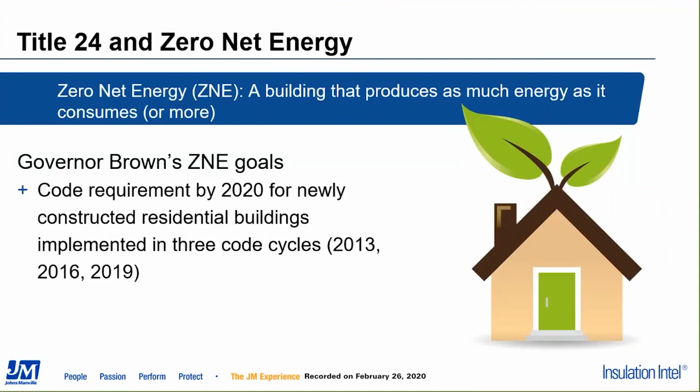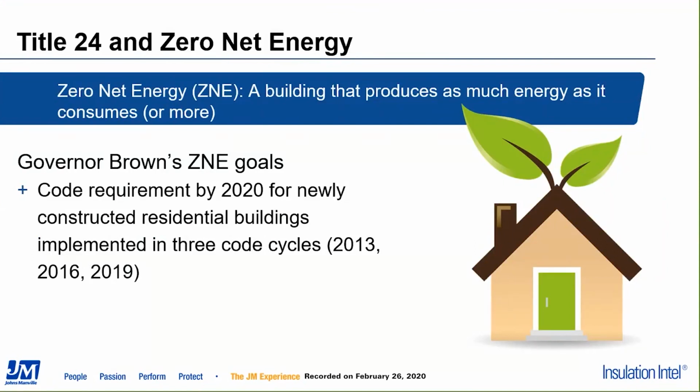So related to net zero energy, or zero net energy, buildings, and really what that is, a home or a commercial building that on average produces about as much energy as it consumes. And the goals here around zero net energy buildings is that by the end of 2020, which we're here now, new homes should be zero net energy within California.